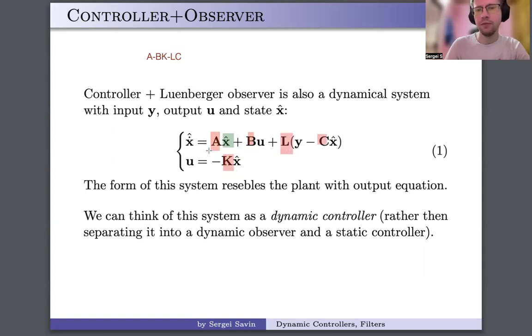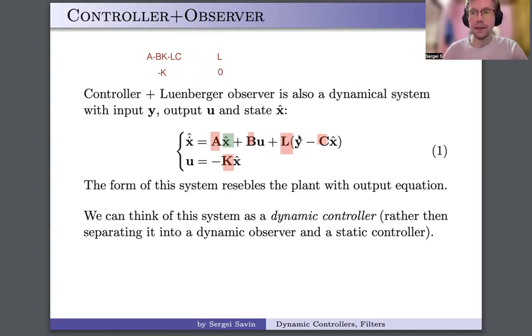Right? A minus BK x hat minus LC x hat. That is what stands in front of x hat. The second matrix would be, in this case, L, right? It stands in front of y. The third matrix would be, in this case, minus K, what stands in front of x hat on the output. And the last matrix would be 0.